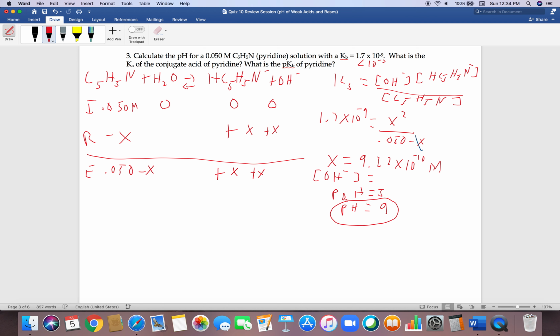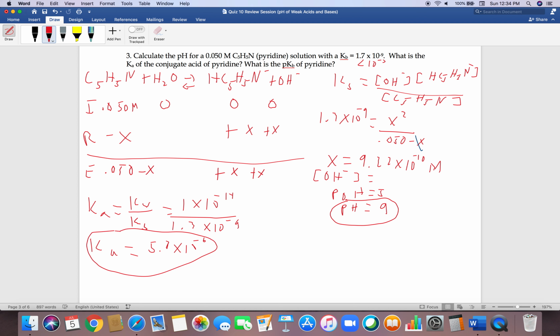Now to find the Ka, it would equal the Kw, the water product constant, over the Kb. So it would equal 1 times 10 to the negative 14 divided by the Kb, which is 1.7 times 10 to the negative 9th. So the Ka would equal 5.8 times 10 to the negative 6.